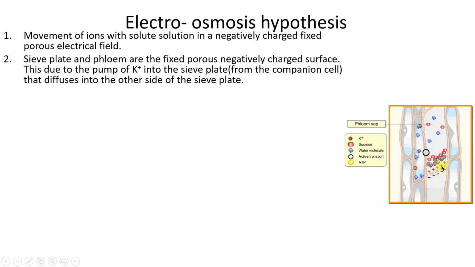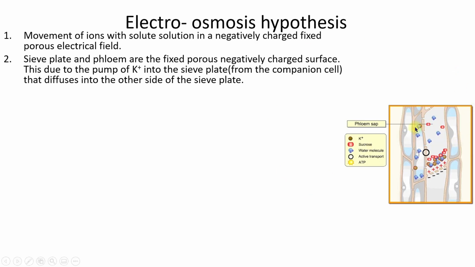All right. Now, how does it become negatively charged? Because of the potassium ions being pumped into the sieve plates from the companion cell that diffuse into the other side of the sieve plate.